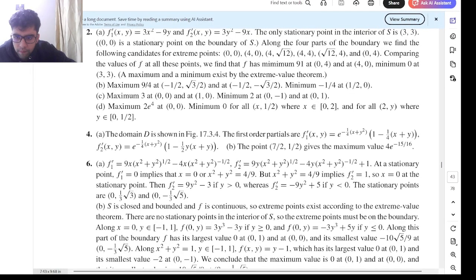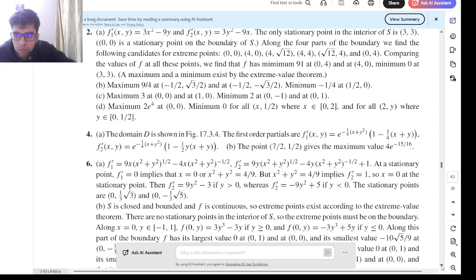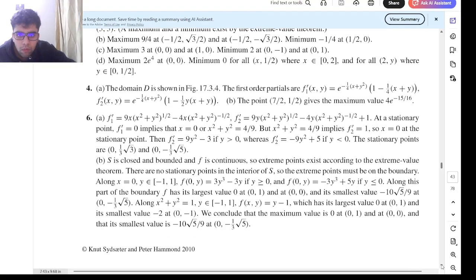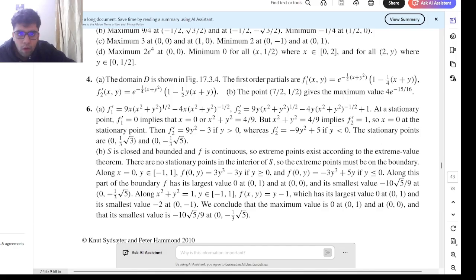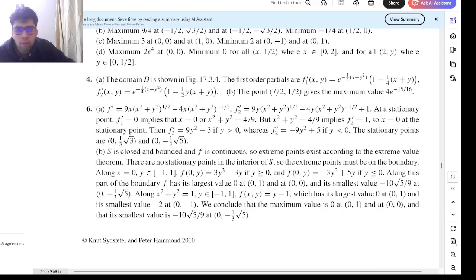So it's saying that my stationary points are 0 comma 1 upon root 3 and 0 comma negative root 5 upon 3, right? Now part B says that my maximum value is 0 at 0 comma 1 and my smallest value is minus 10 root 5 upon 9 at this 0 comma root 5 upon 3.